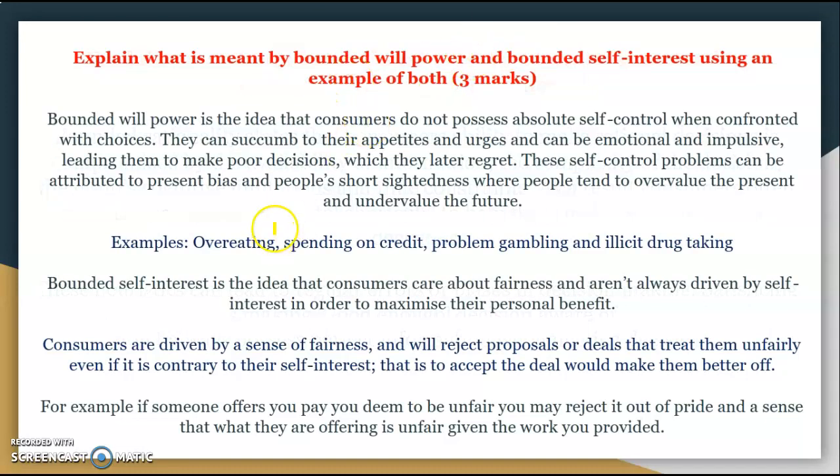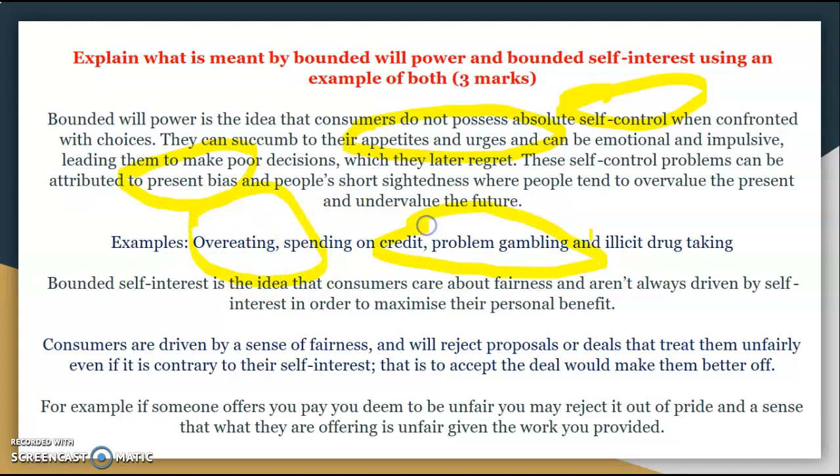Bounded willpower and bounded self-interest, I've pretty much talked about this, but bounded willpower means we don't possess absolute self-control. We're often subjected to our appetites and urges. We often fall victim to present bias and can be short-sighted. For example, overeating because it tastes good but regretting it in the future, problem gambling, taking illicit drugs. Bounded self-interest is that we care about fairness and we're not always driven by self-interest.